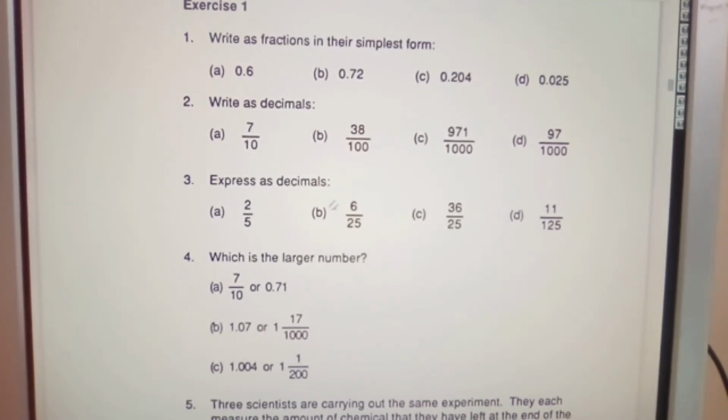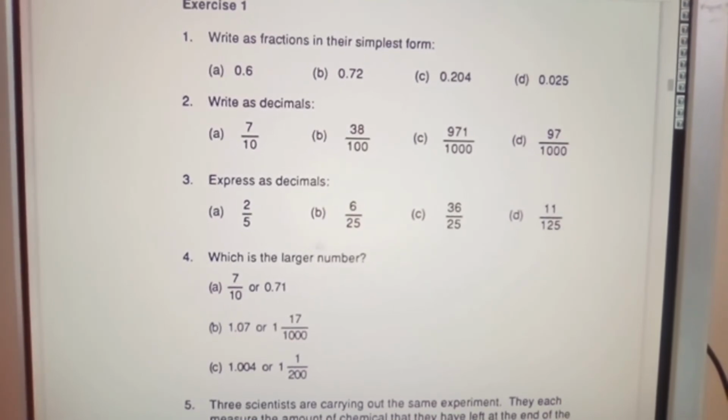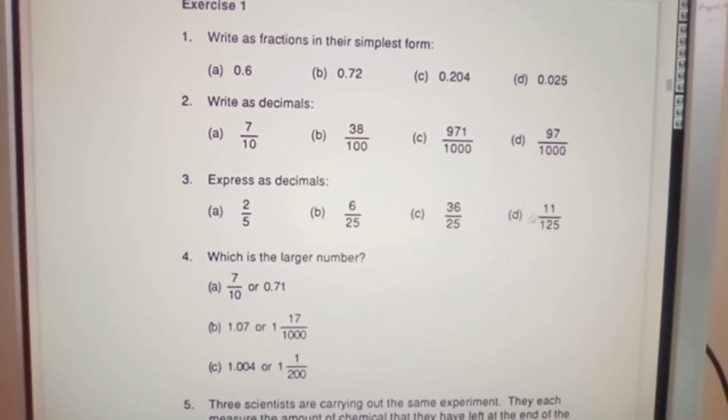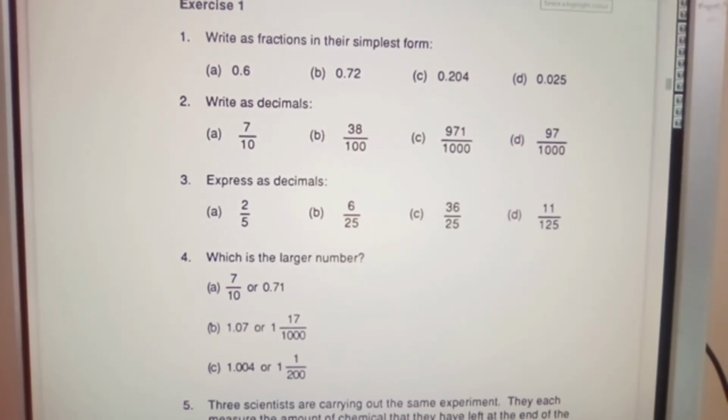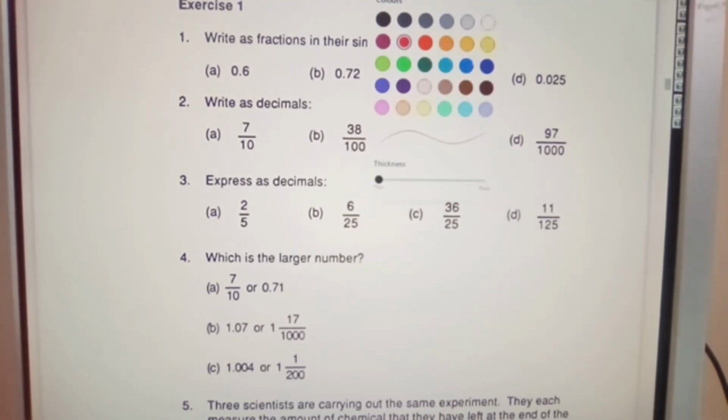That's 2/5, that's 6/25, that's 36/25, that's 1 and 11/25. That's how you would pronounce these fractions as a whole. This fraction here would be a top heavy fraction. Let me get rid of my rubber, go back to my pen.